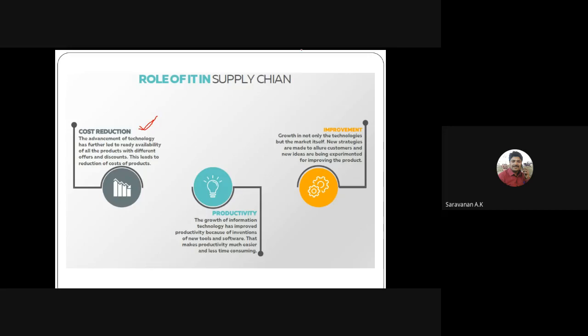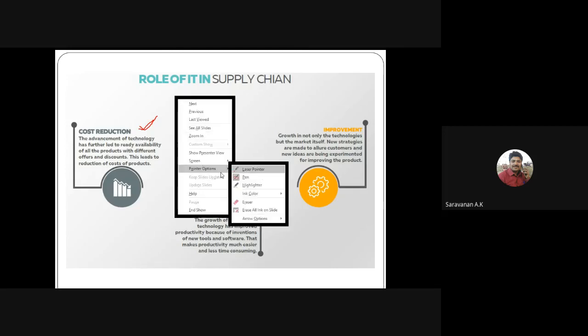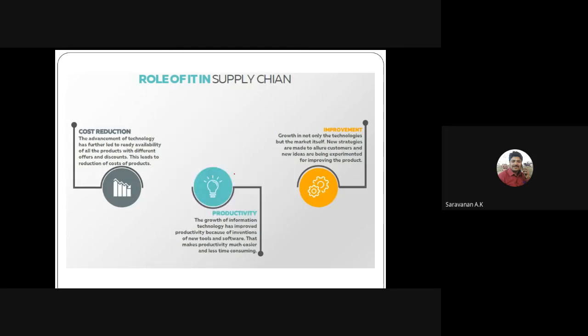All the supply chain intermediaries will get good, accurate information, right? Due to this we can earn good profitability, right? At the same time we have to see four more terms, right? So what does that mean?